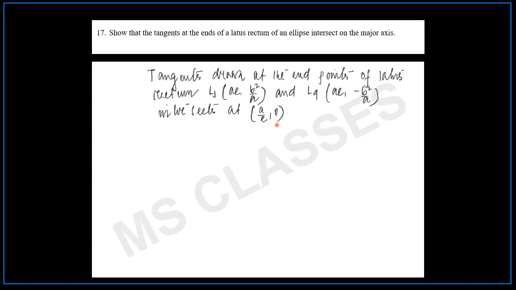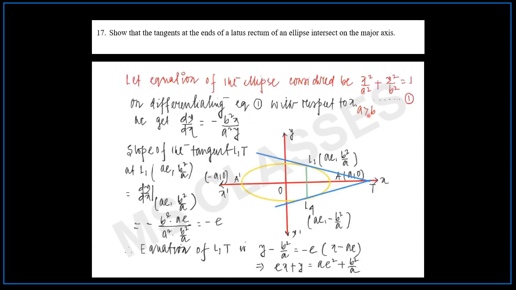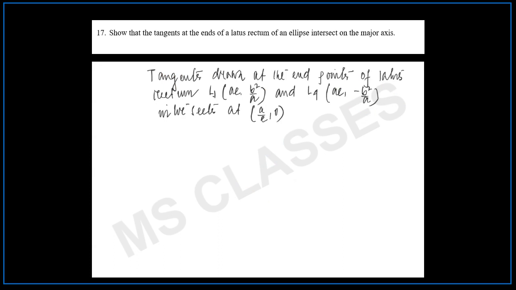Now already we have told here that a greater than b. A greater than b means the major axis is the x-axis, which is y equal to 0. So we can say, from equation 1, the major axis is y equal to 0, that is the x-axis.